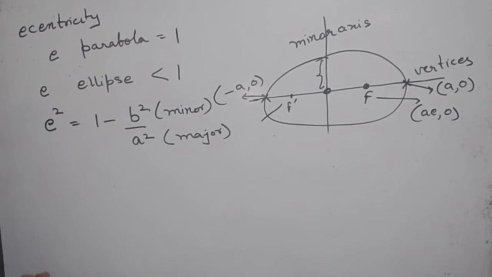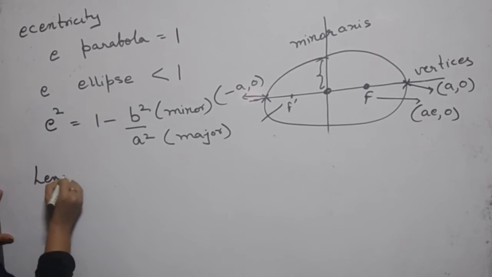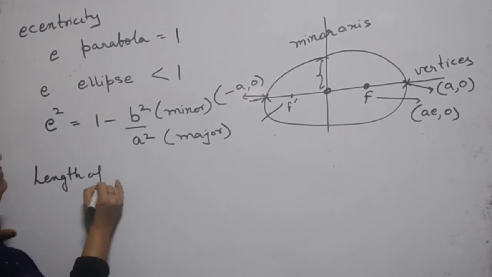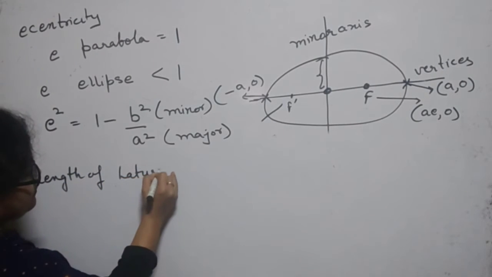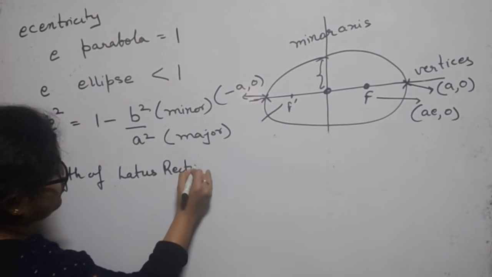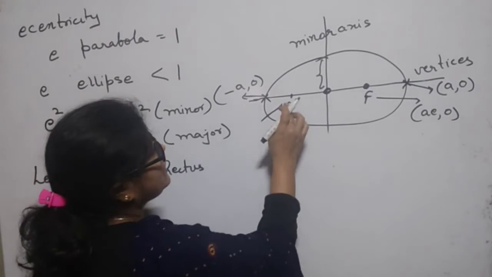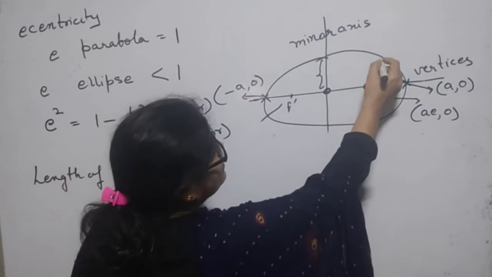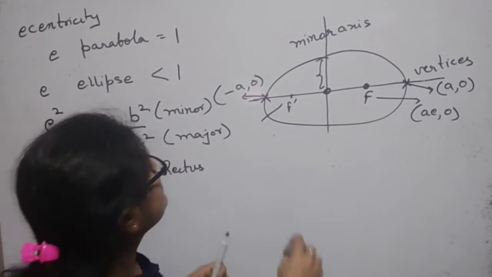Next thing, for example, the length of the latus rectum for the ellipse. If this is the ellipse, I can make it clearer to you.